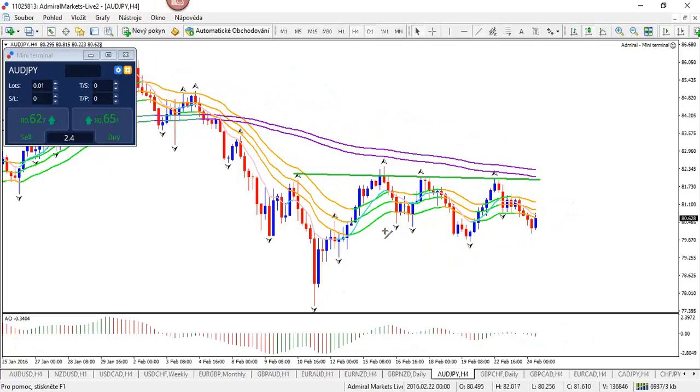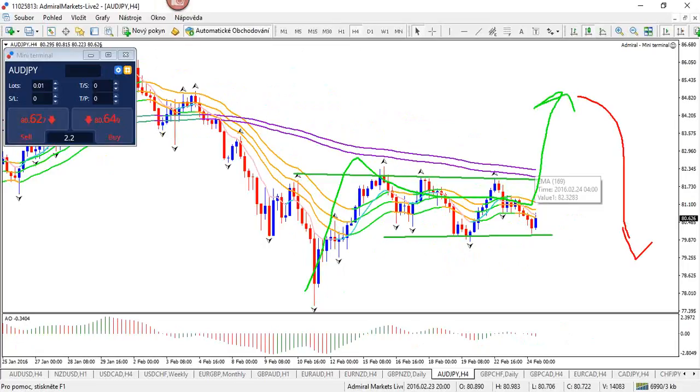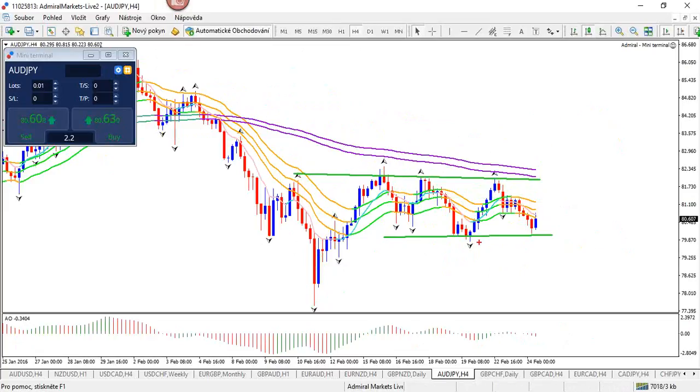And those flags can break. It could break like this too, up and aside and up, and then turn back down. Also, on the 4-hour chart, I don't see any substantial candles below the 21 EMA, besides here.